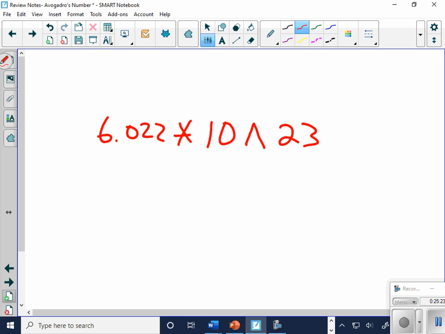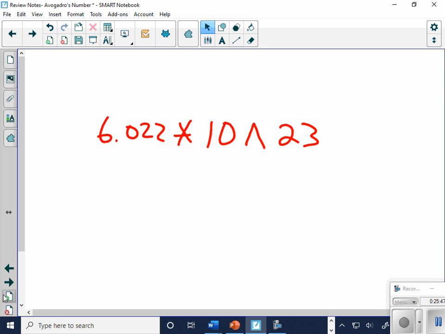Well, why? What if I take certain values and do it like this? I'm going to become off, and usually it's off by a decimal place. My decimal is one place too far to the left or to the right. So what we have to do is know how to program our calculator.